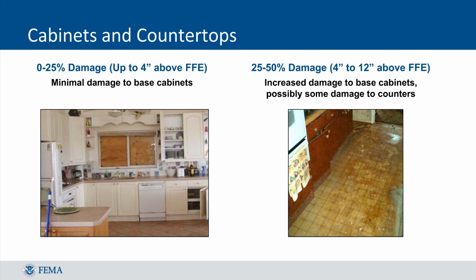At higher levels of flooding, there may be greater impacts to cabinets and countertops, and this may increase the damage level to 25 to 50% range. In this case, there may be significant damage to lower cabinets. There may also be some damage to counters or wall cabinets, depending on the type of event and damage source.